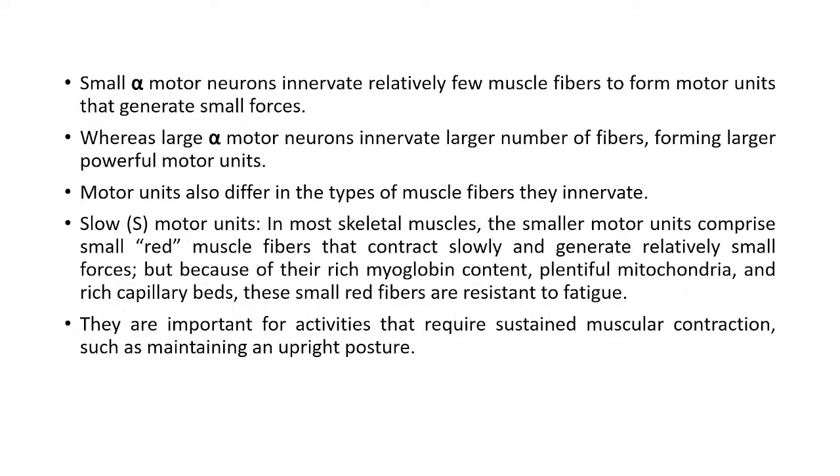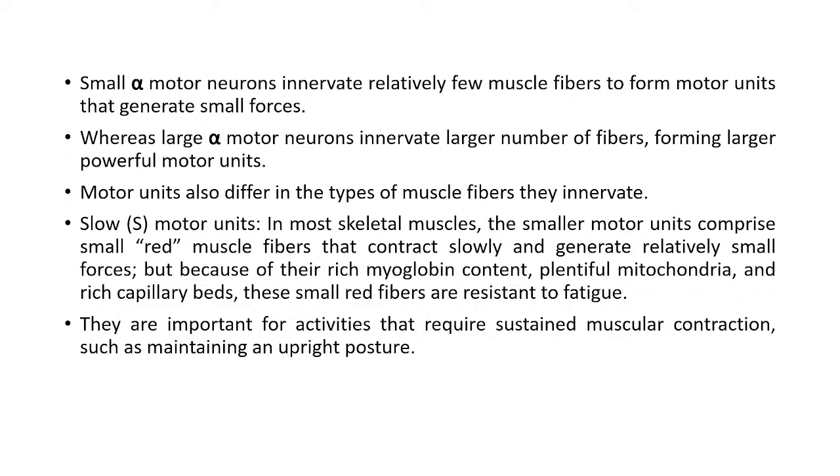For example, in slow or smaller motor units, the muscle fibers are relatively red, rich in mitochondria, and dependent on oxygen for their metabolism. Since they are fatigue resistant, have a rich capillary blood supply, and have plentiful mitochondria, they are required to generate smaller degrees of force. S type motor units are required to generate smaller degrees of force.